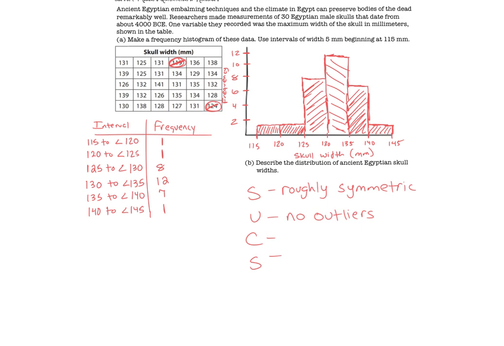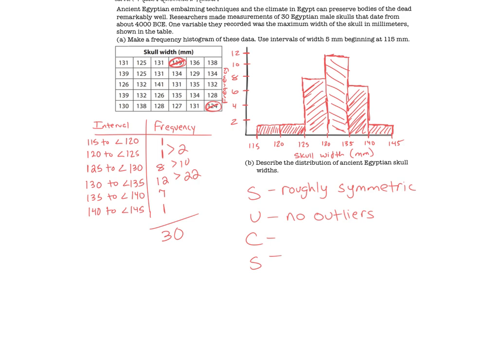The center, remember the center is the median. And so what we have is, if you look, our total number of data points is going to be 30. And so we want to figure out essentially where number 15 is at. And so 15 falls in that bin from 130 to 135, because 1 and 1 is 2, 2 and 8 is 10, 10 and 12 is 22.